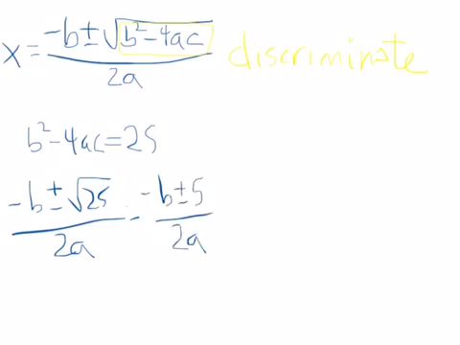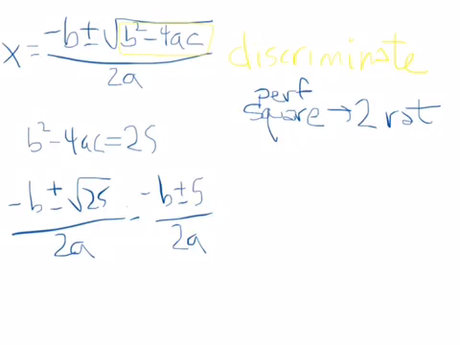And if this happens, I'm going to get two answers because it's plus or minus, and my two answers will be rational because I can just resolve them as a fraction. So if my discriminant is a perfect square, I'm going to get two rational answers.